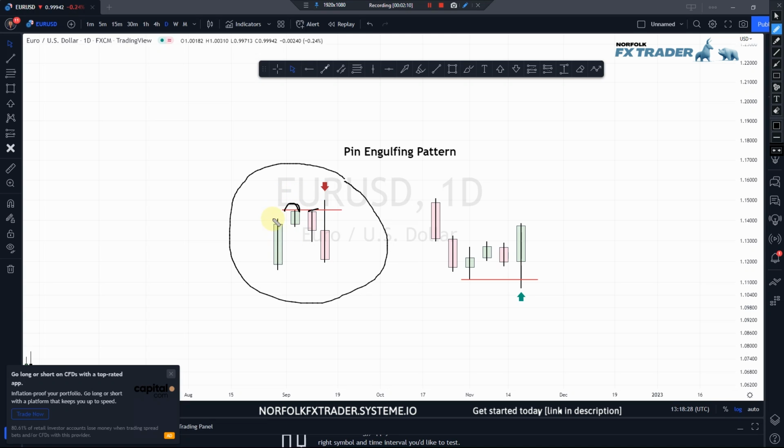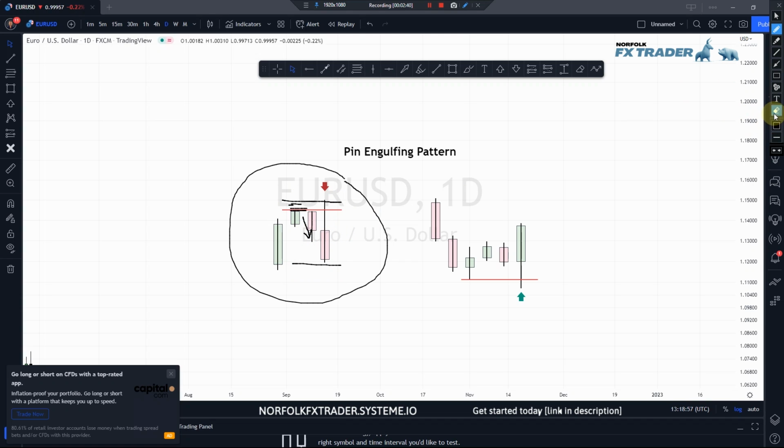Now it doesn't have to happen like this. We can have equal highs as well and still see this pattern, and that will work just fine. Now what we're looking for is we want to see price at this level push back up, take any stops that sit above this level where people have already sold the market, expecting it to fall, and then we want to see this candle also engulf previous candles.